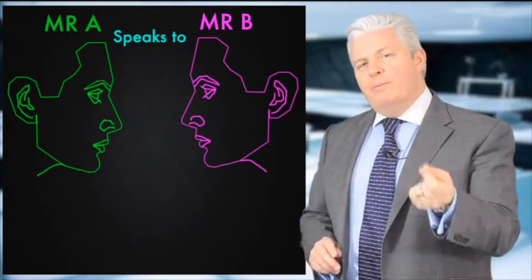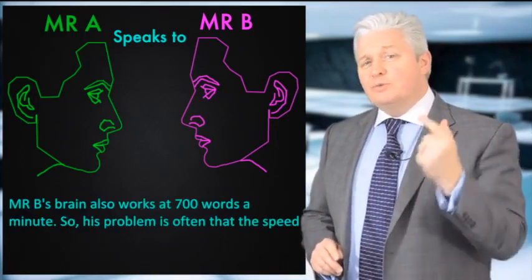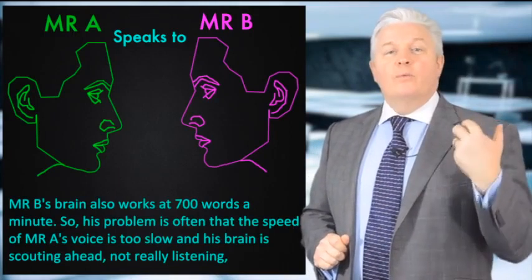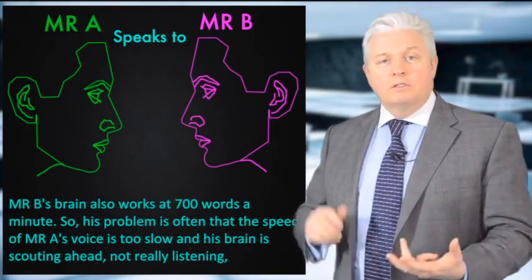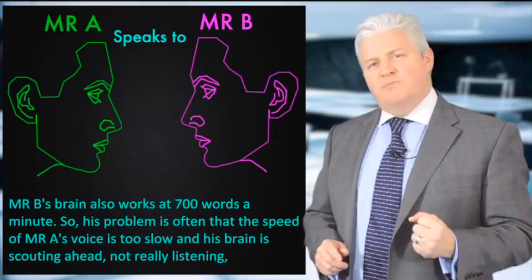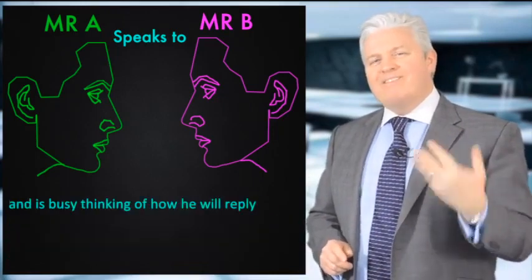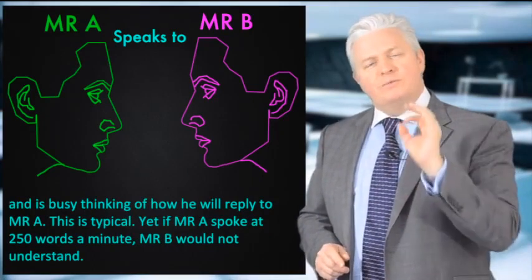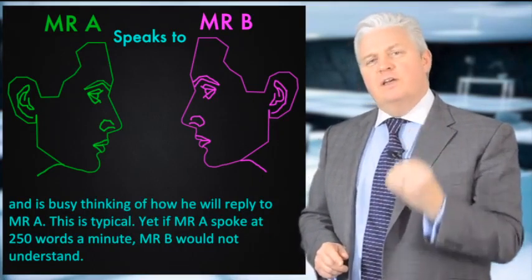The main problem is that Mr. B's brain is also working at 700 words a minute. So whilst we're talking at very slow speed, according to his brain, he's thinking, oh, hurry up, hurry up, hurry up. I want to think about what I'm going to say next, which means he's not really concentrating on what you're saying.